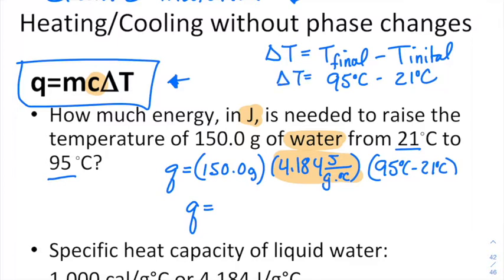All right, so anybody find the value for Q? Anybody brave enough to type it in? All right, so I'm seeing 4.6 times 10 to the 4th from a few of you.